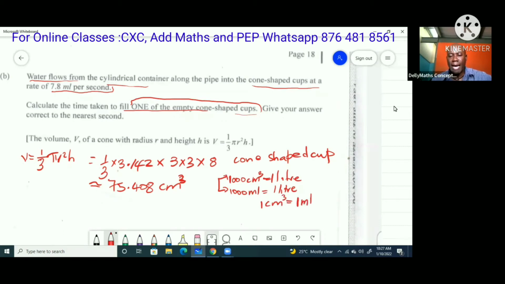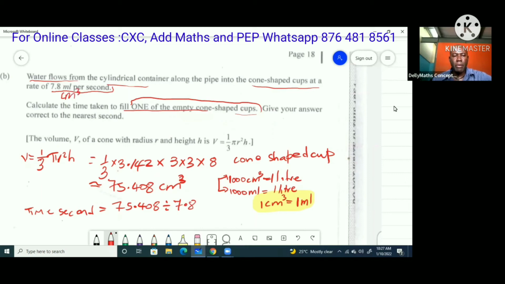We want to understand this idea as we go forward to solve this problem. The time in seconds needed for the cup to be filled is equal to 75.408 divided by the rate, 7.8, because 7.8 milliliters is the same as 7.8 cm cubed.